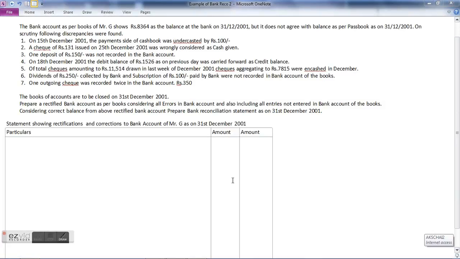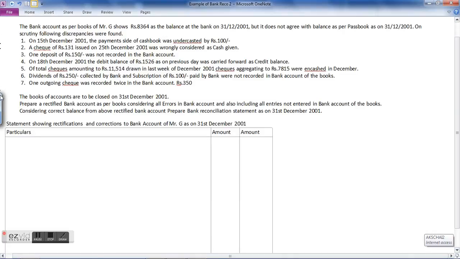So this is a format of the statement showing rectifications and corrections in the bank account of Mr. G as on 31st December 2001. Since we are closing the books, we need to rectify the bank account. Now let's start with the balance which is shown here.